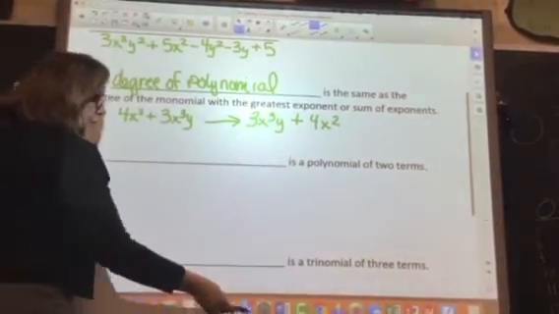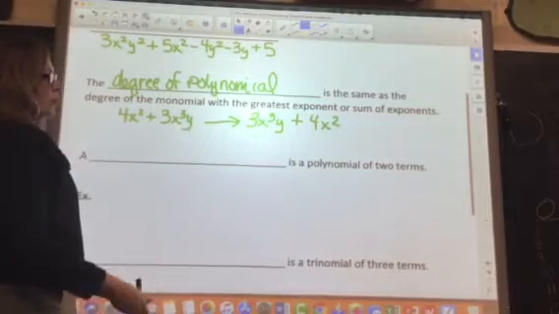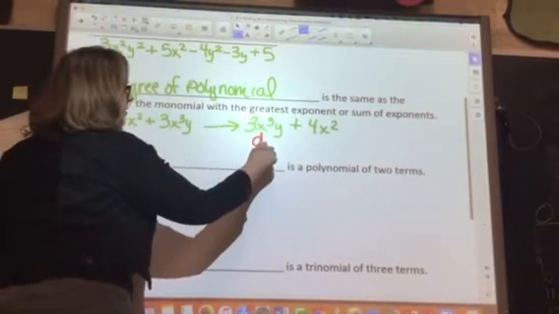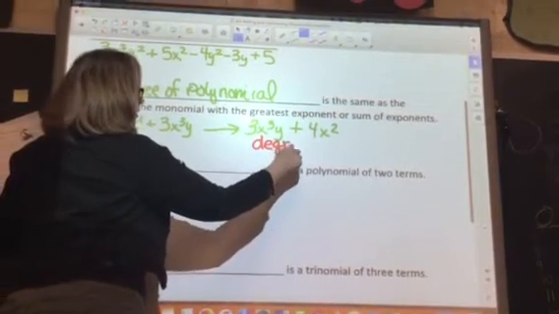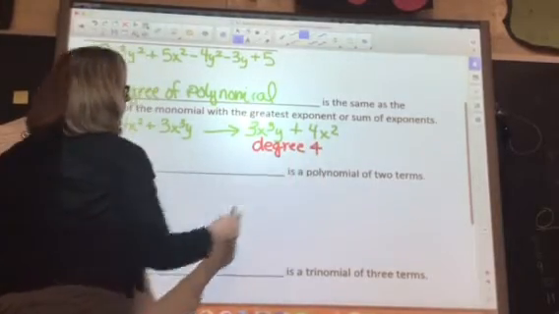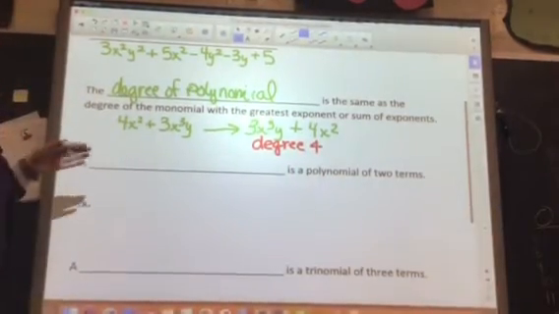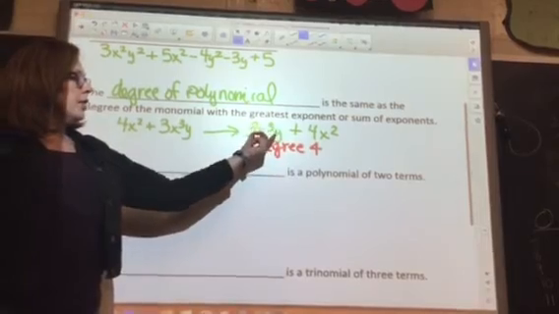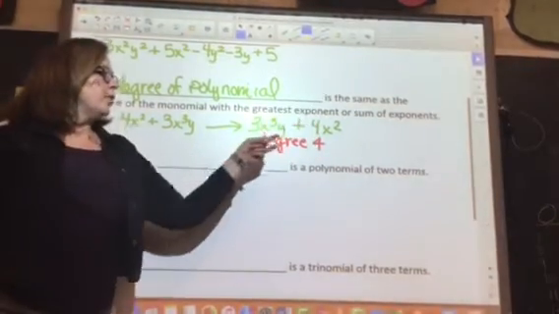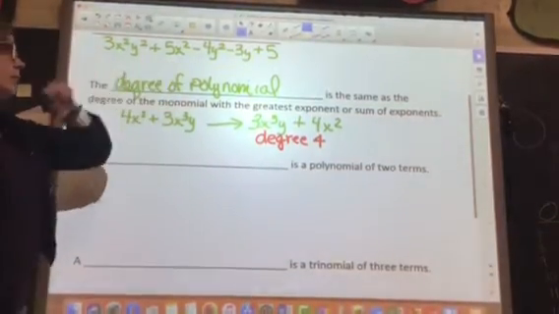So I've written it in standard form, and if I had to say anything about this polynomial, I could tell you that this polynomial is degree 4. This is a 4th degree polynomial because the largest degree monomial in this polynomial is how you name the degree of the polynomial.